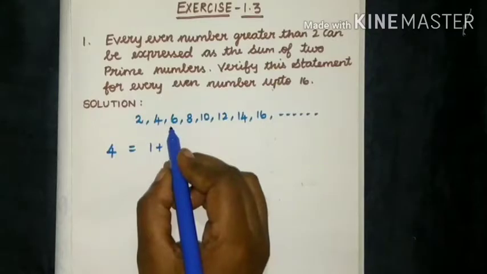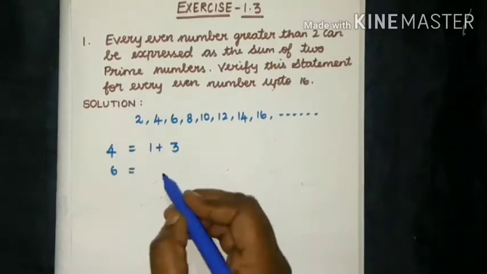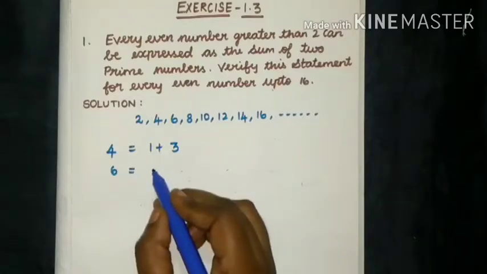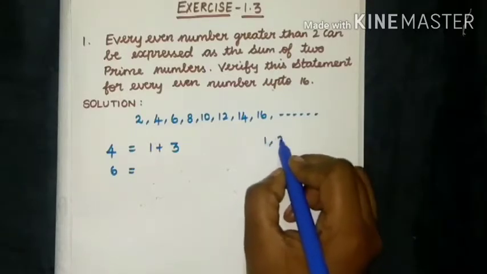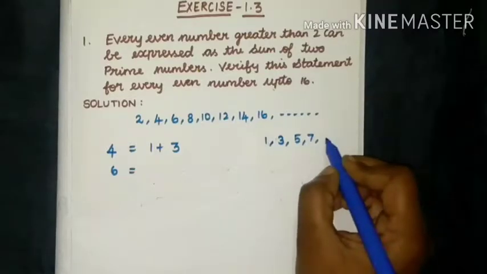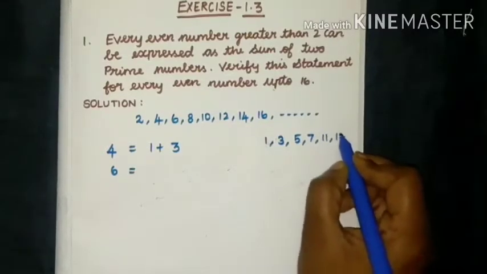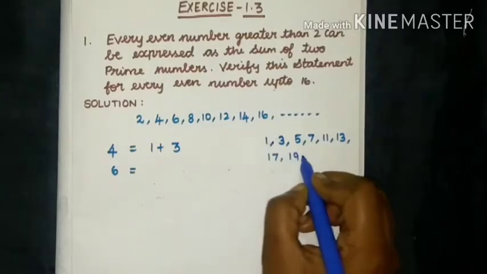Then the next even number is 6. 6 can be expressed as a sum of two primes. First, you have to know that 1, 3, 5, 7, 11, 13, 17, 19 and it goes on.